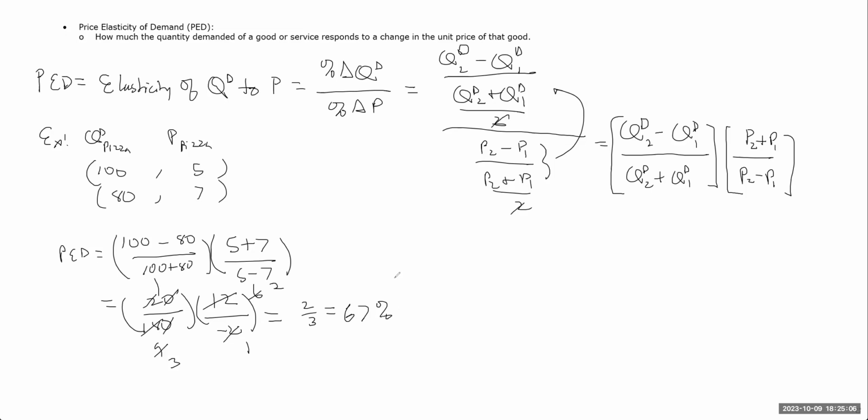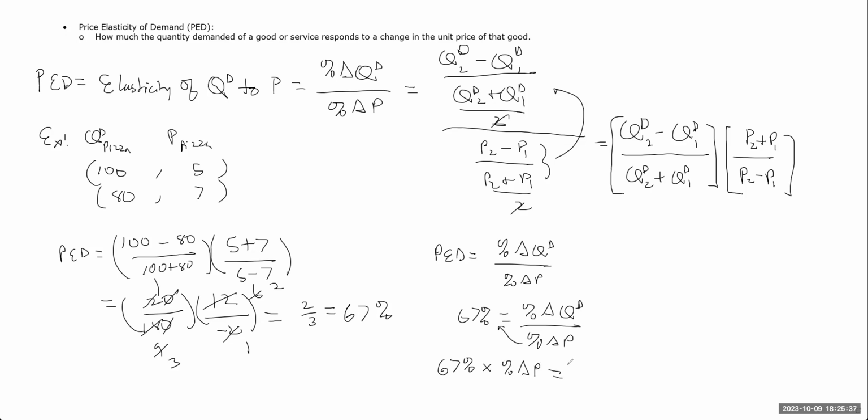How do we use this number? Okay, well, remember what PED is. PED is equal to percent change in quantity demanded over percent change in price. So if I plug PED in, 67% is equal to percent change in quantity demanded over percent change in price. Then I could rewrite this: 67% times percent change in price is equal to percent change in quantity demanded.